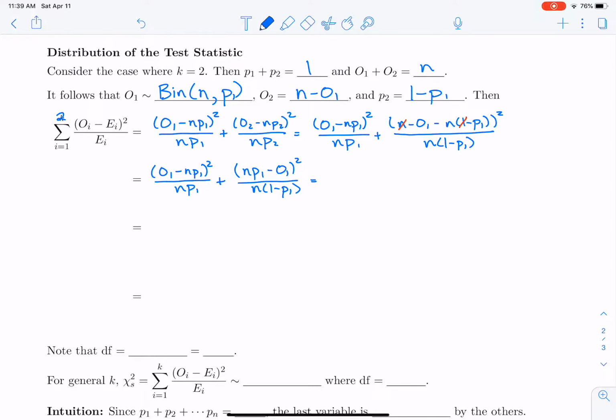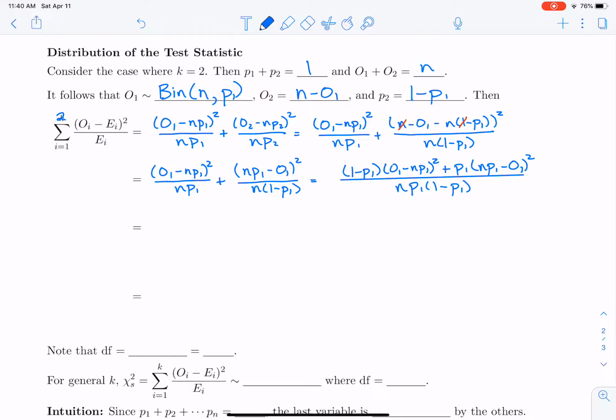So that means that I need a common denominator. That common denominator is going to be n times p1 times (1 minus p1). And then I'll need a (1 minus p1) for the first term times my (O1 minus np1) squared. And then I'll need a p1 for the second term, and that's going to be (np1 minus O1) squared.